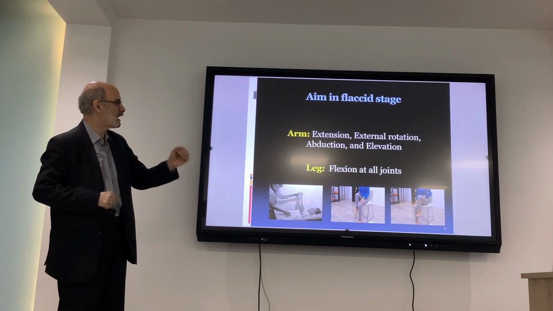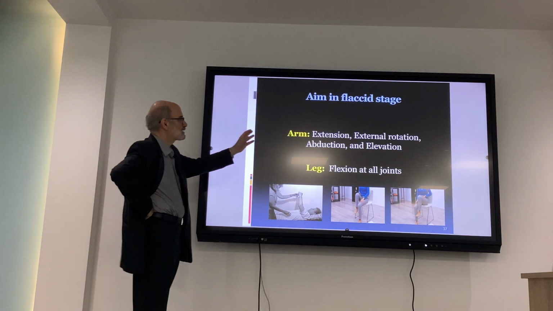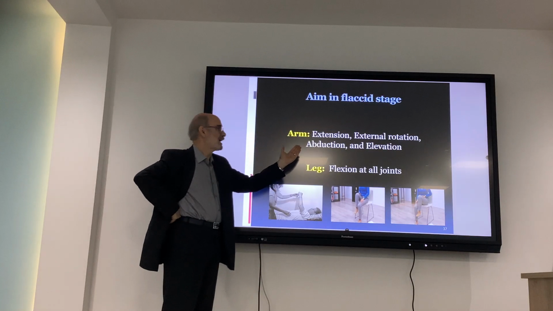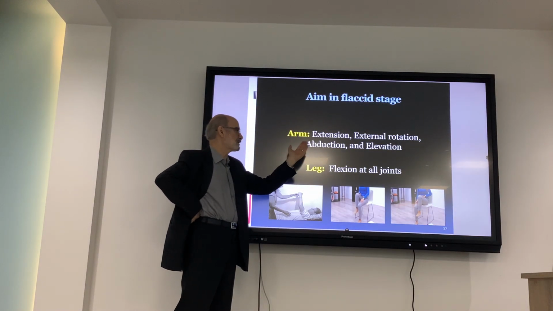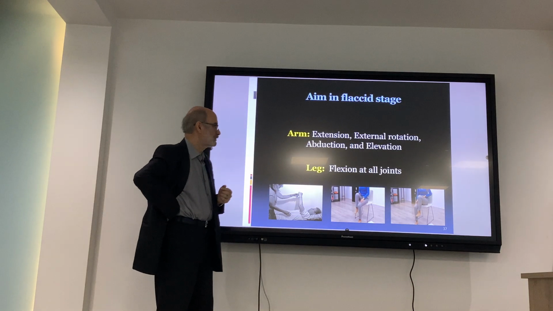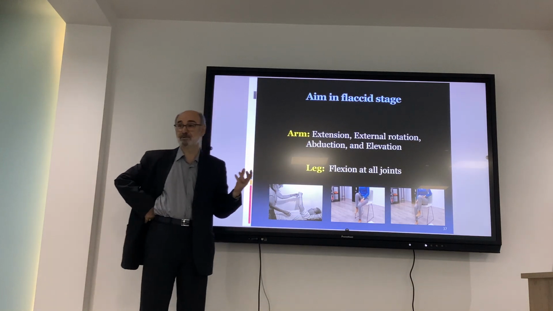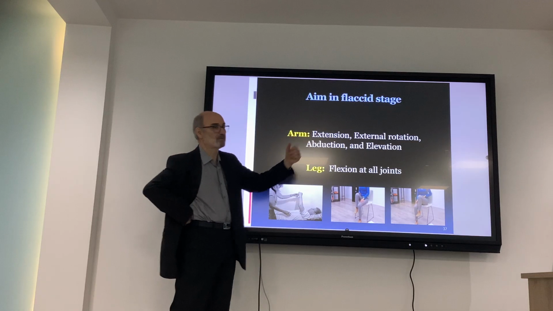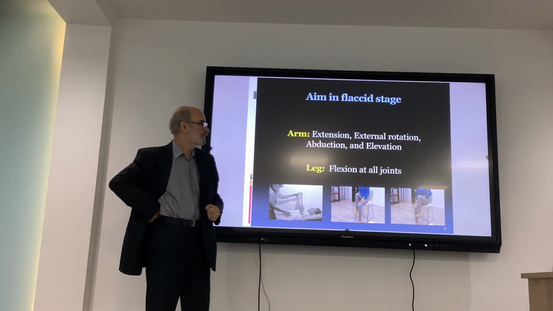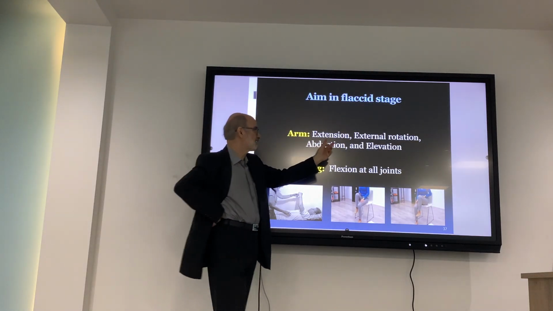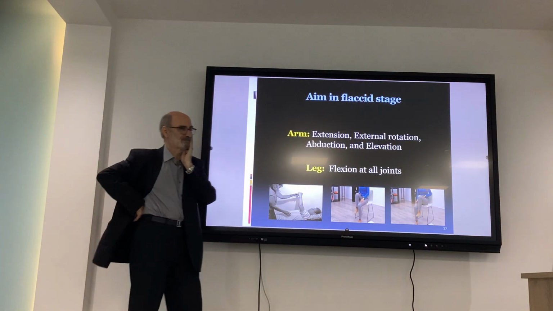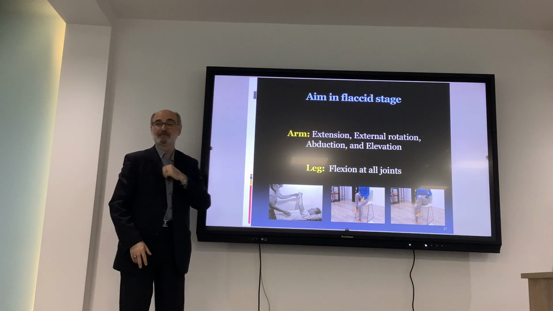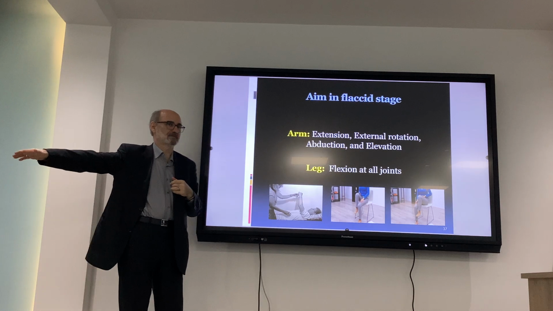Therefore, the aim in the flaccid stage is to obtain extension, external rotation, abduction and elevation of the arm, which are really important. Which one is difficult to obtain? Extension, external rotation, abduction, elevation. Abduction is very difficult.